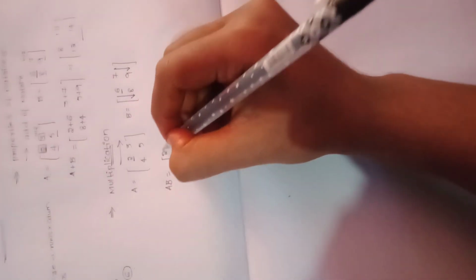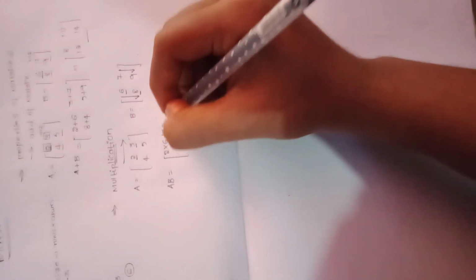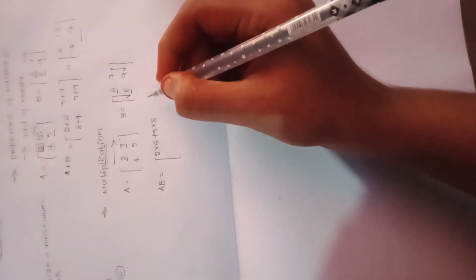So 2 into 6 plus 3 into 8 is the first element after multiplying the two matrices. Then second, 2 into 7 plus 3 into 9.